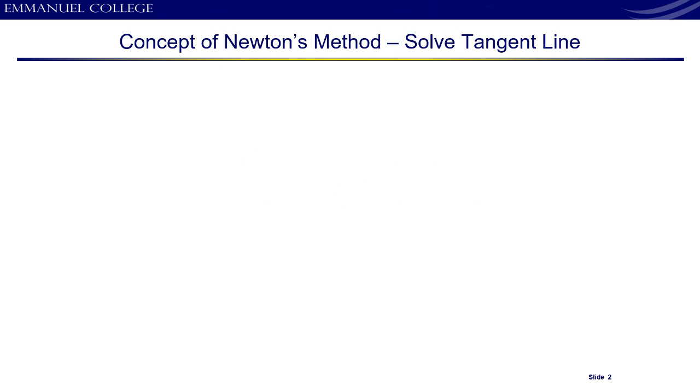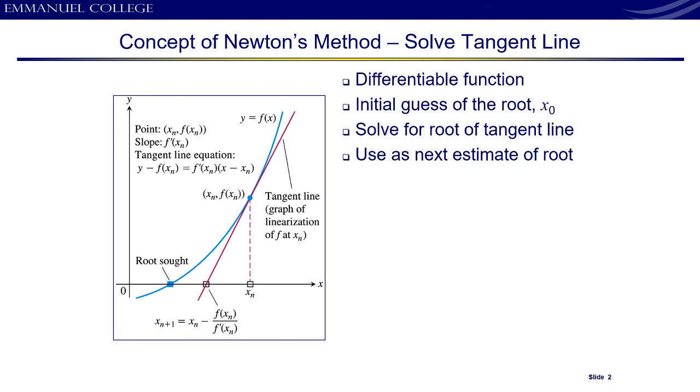What Newton's method does is it takes the idea of a tangent line and recontextualizes it to say, how can I find where this value equals 0? So it's pulling in that linearization idea, but putting it into this more applicable context.